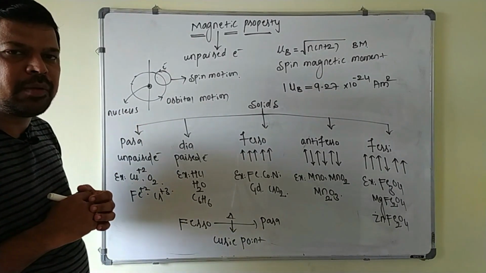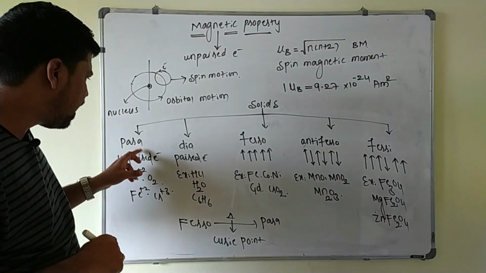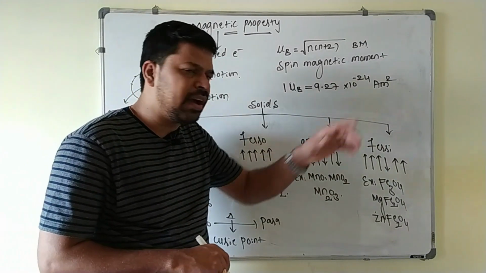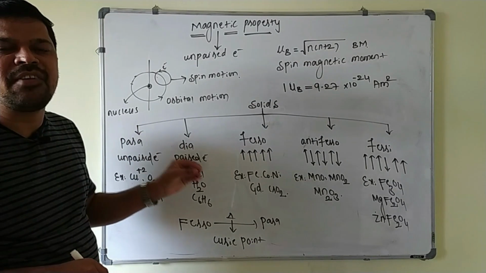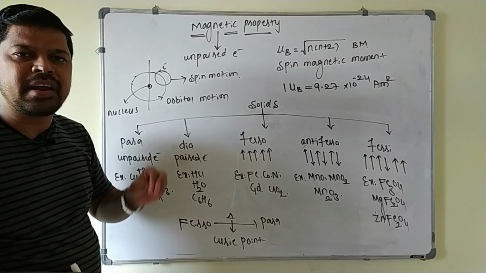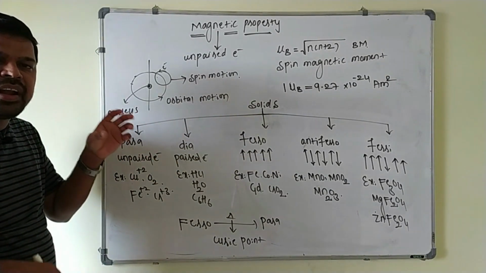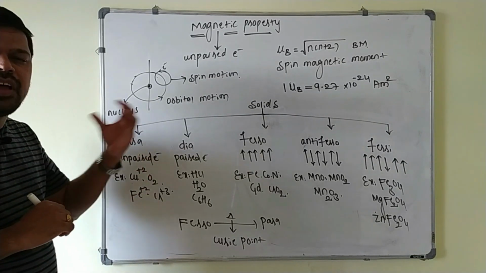Now based on the magnetic property, these solids are classified into paramagnetic, diamagnetic, ferromagnetic, antiferromagnetic and ferrimagnetic substances. Paramagnetic substances are weakly attracted by the external magnetic field. Whenever an external magnetic field is applied, they are weakly attracted by it because they are magnetized in the direction of the applied magnetic field.